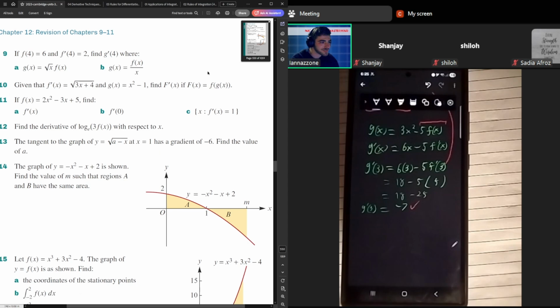Okay, we'll have a look at 10, if only because I don't know what it's saying immediately. So let's spend some time deciphering it.